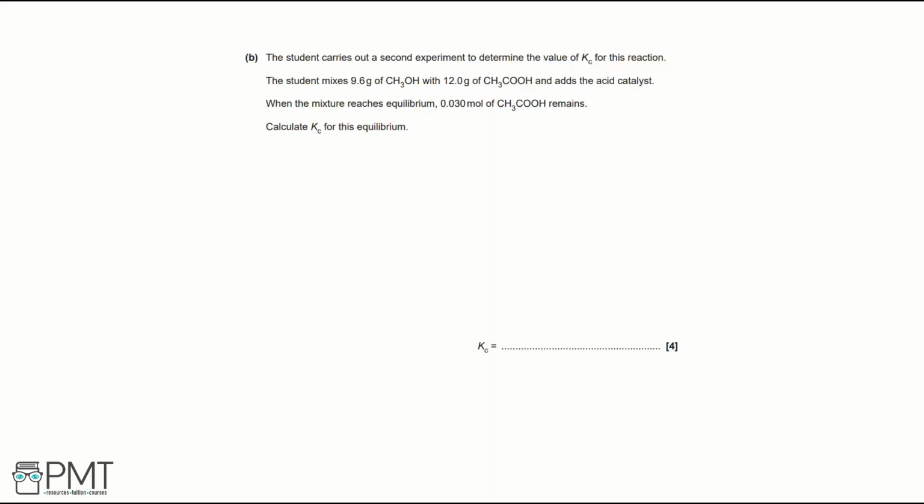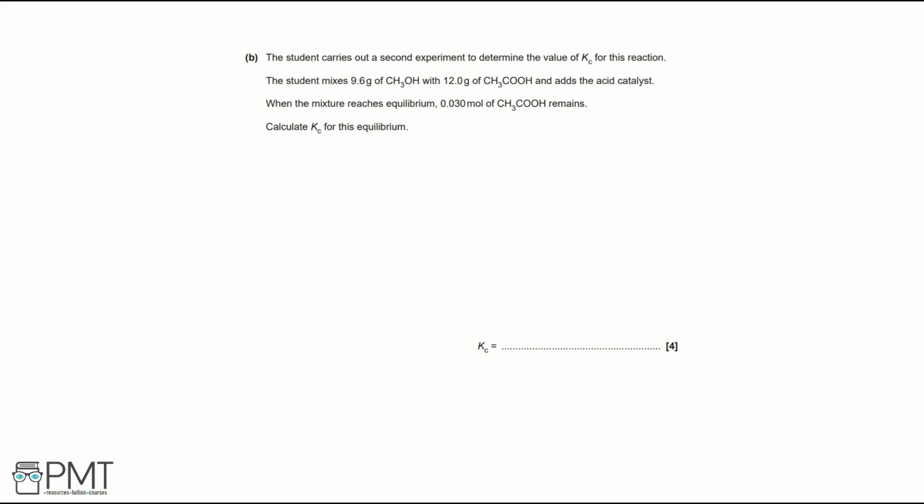Part B. The student carries out a second experiment to determine the value of Kc for this reaction. The student mixes 9.6 grams of methanol with 12.0 grams of ethanoic acid and adds the acid catalyst. When the mixture reaches equilibrium, 0.030 moles of ethanoic acid remains.